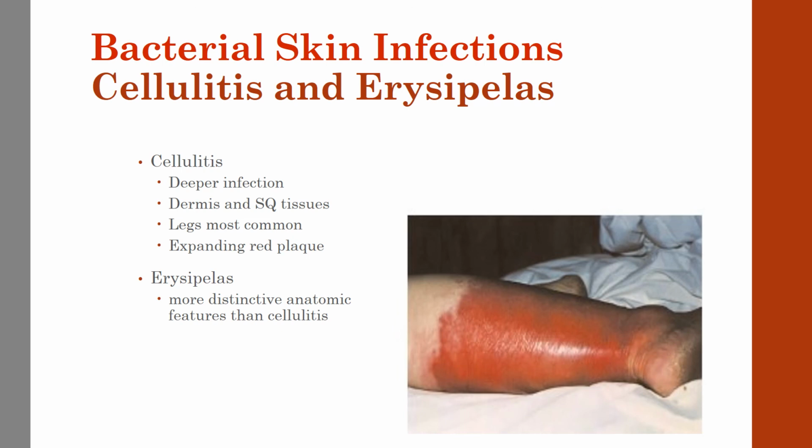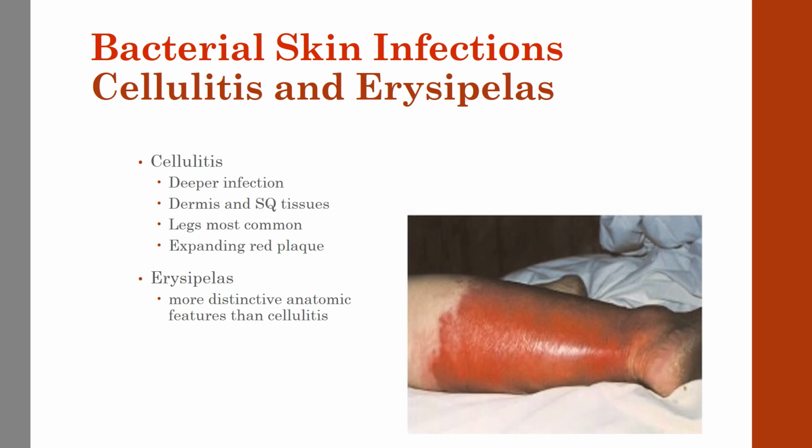The problem is erysipelas is very, very marked, and cellulitis is more or less vague. On this picture, I really don't know what it is, but I tend more towards erysipelas.